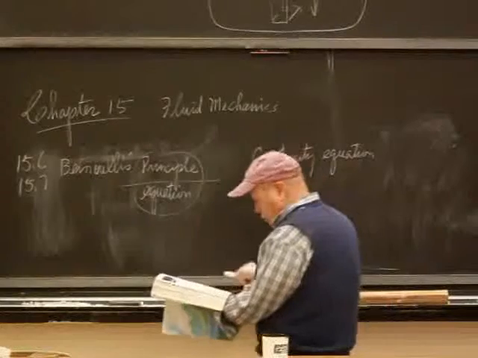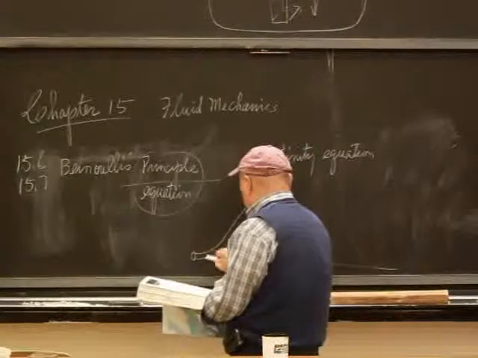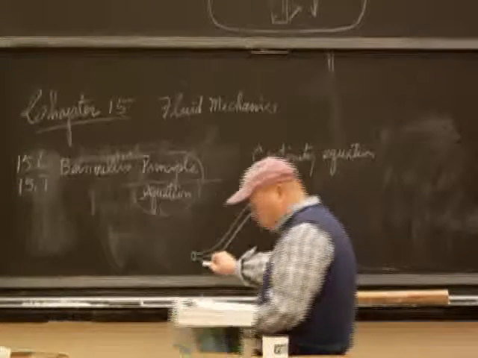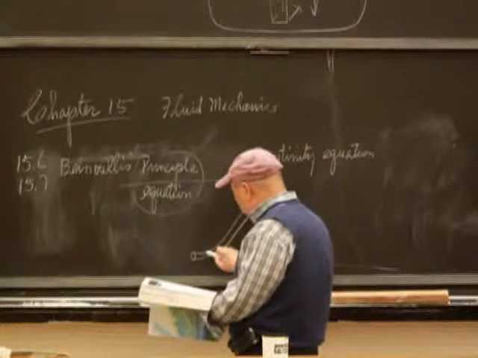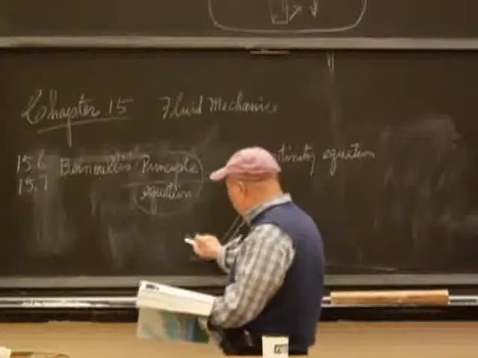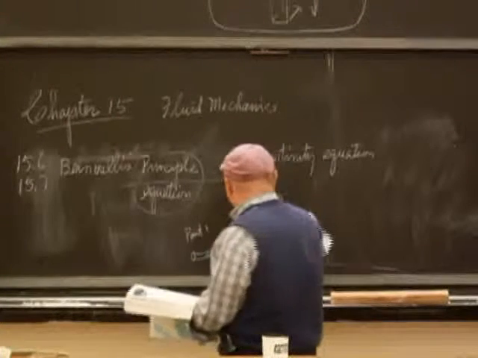What we're talking about is water flowing under the water. So the water is flowing from here to here. This is called point 1, and then point 2.